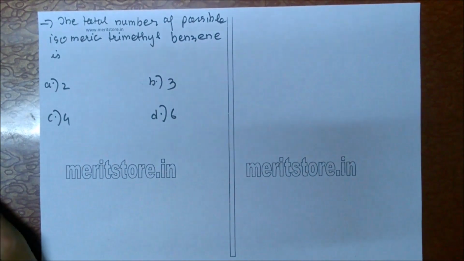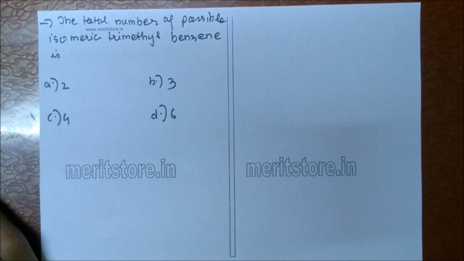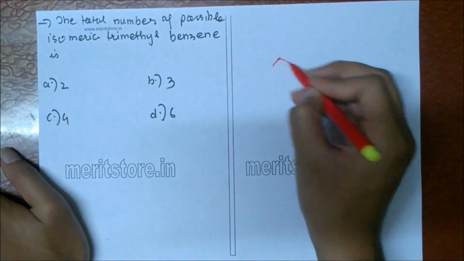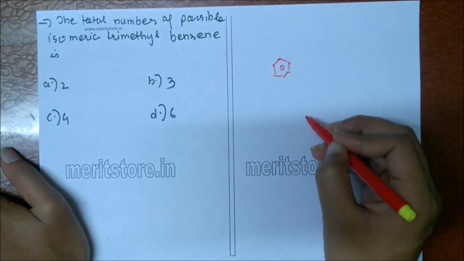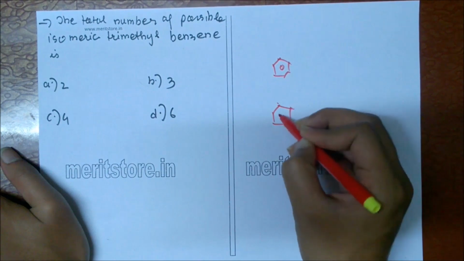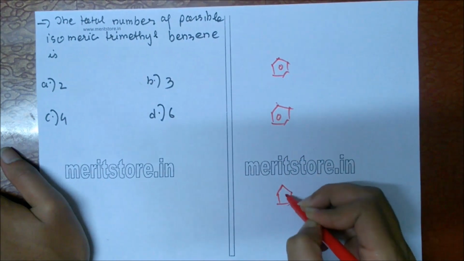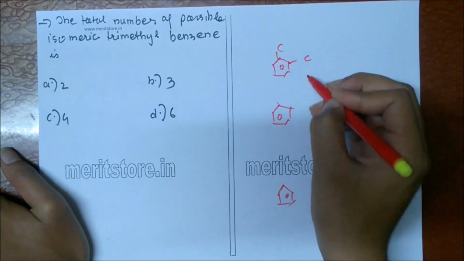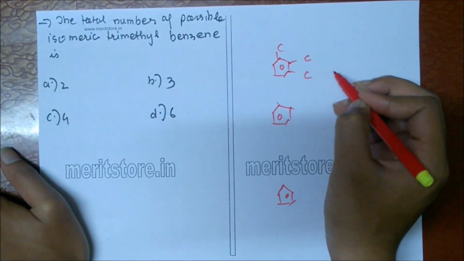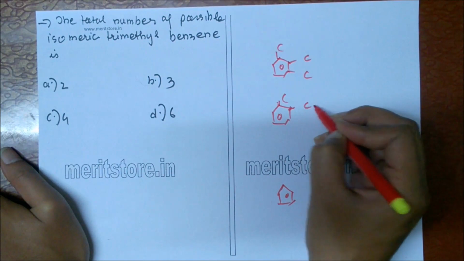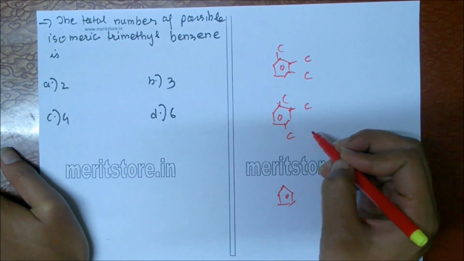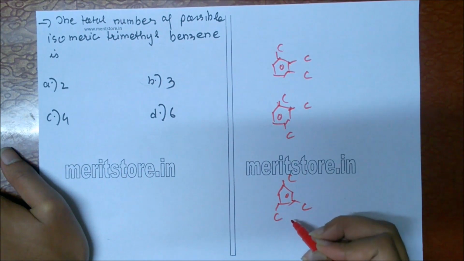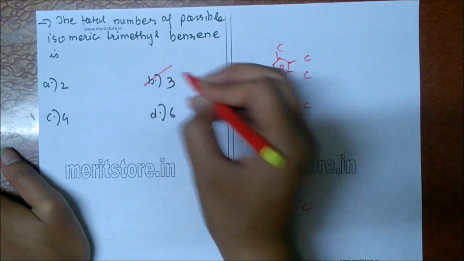Total number of isomers possible of trimethylbenzene: trimethylbenzene will show 3 isomers. First is 1,2,3-trimethylbenzene, 1,2,4-trimethylbenzene, and 1,3,5-trimethylbenzene. So option B is the correct answer.